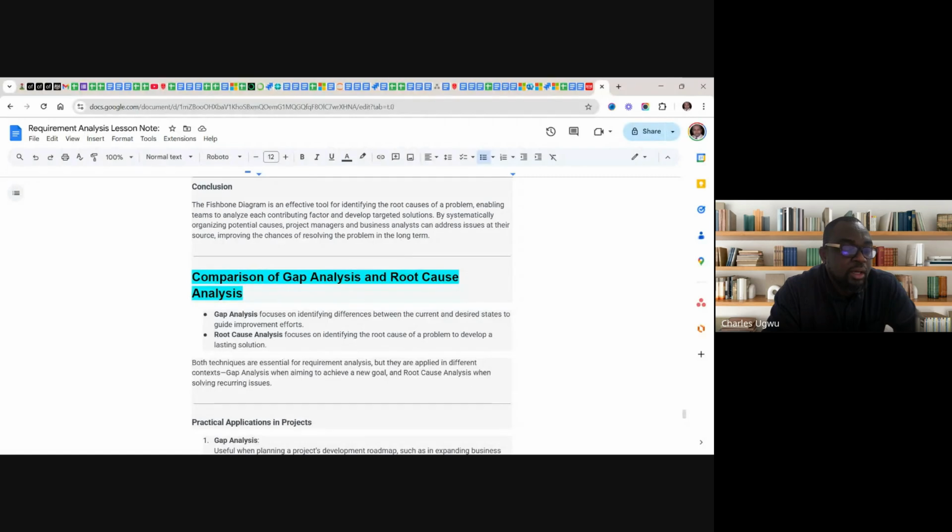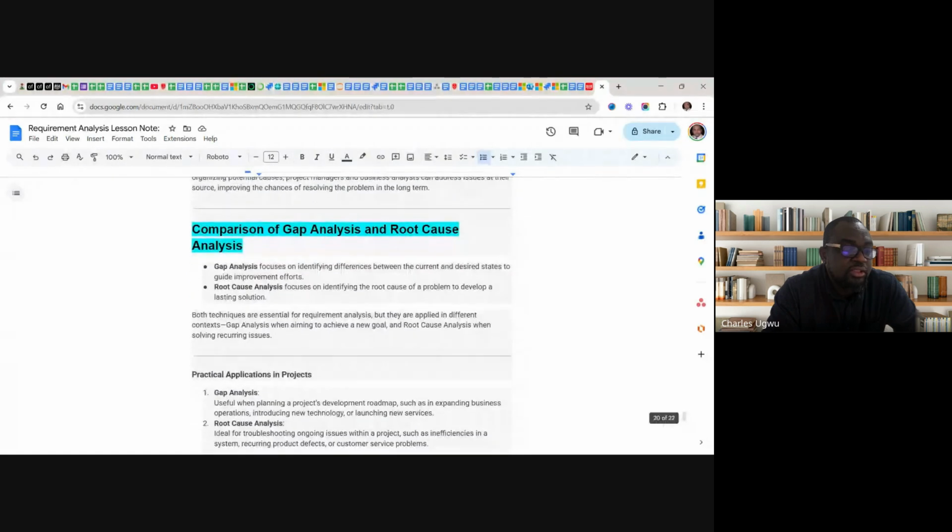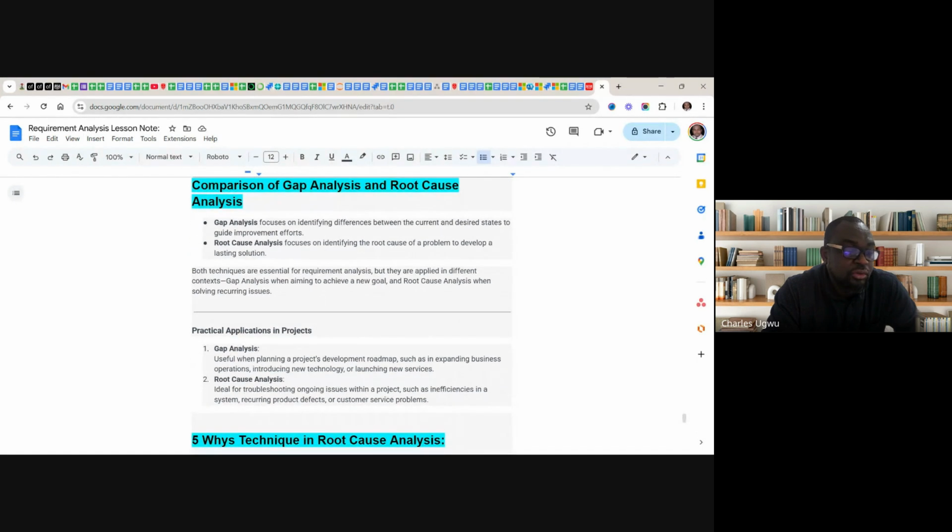And then we come here, a comparison of gap analysis and root cause analysis. Gap analysis focuses on identifying differences between the current and desired states to guide improvement efforts, while root cause analysis focuses on identifying the root cause of a problem to develop a lasting solution.